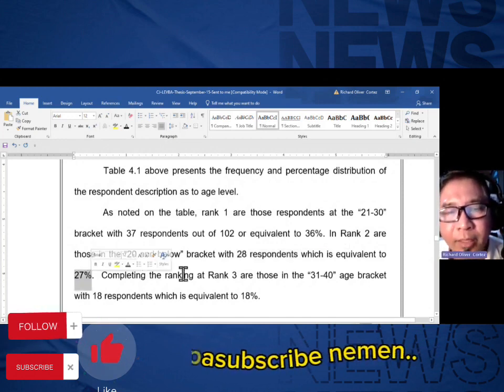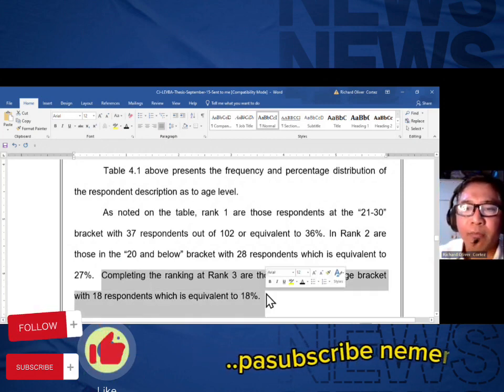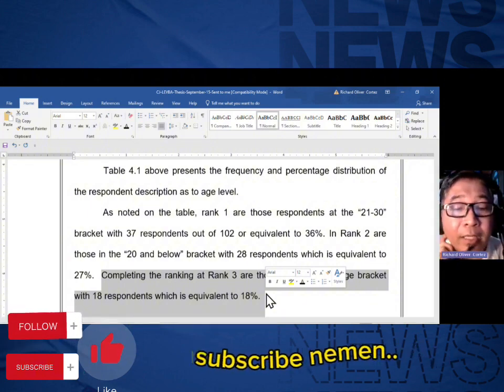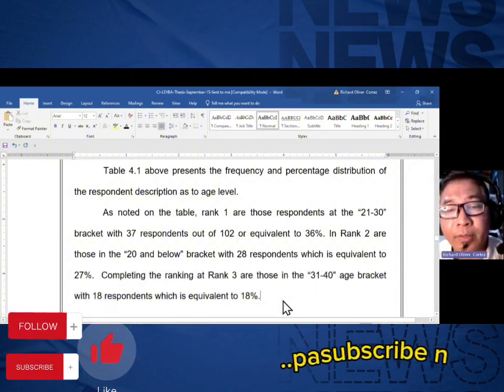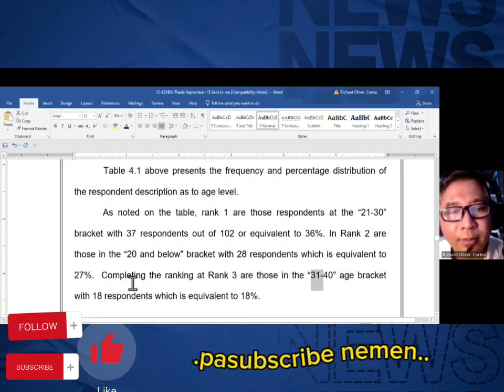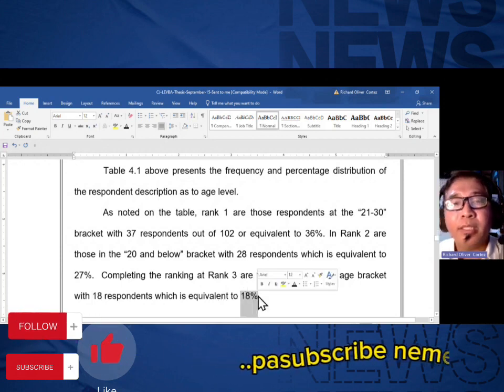And same thing with rank 3. I said earlier, for every table, you may just discuss the first 3 in the ranking. That is why you have here rank 3, the 31 to 40, the frequency, and the corresponding percentage, that is 18%.